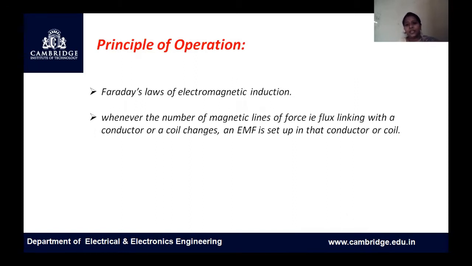A DC generator works on the principle of Faraday's laws of electromagnetic induction. What does Faraday's law say? Whenever the flux linking with a coil or a conductor changes, an EMF is induced in the conductor or coil. With this principle, your DC generator works.